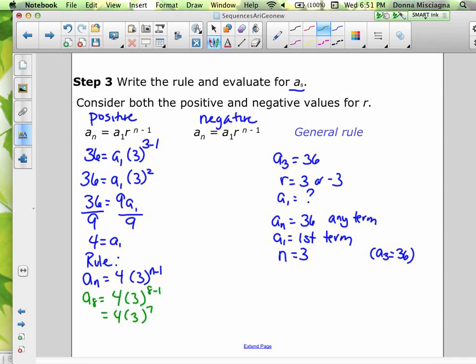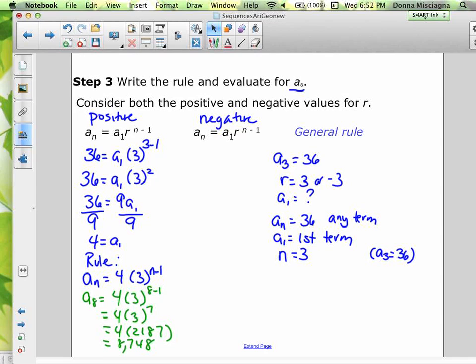There we go. All right, so that's going to be 2,187. And that's going to give us 8,748. All right, so that could be the 8th term.